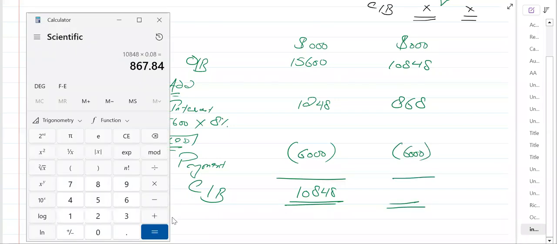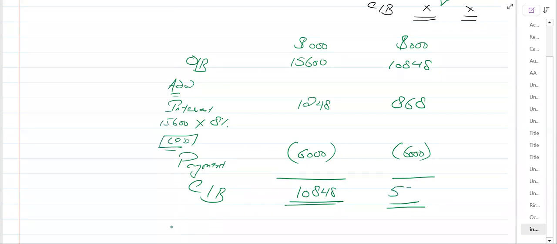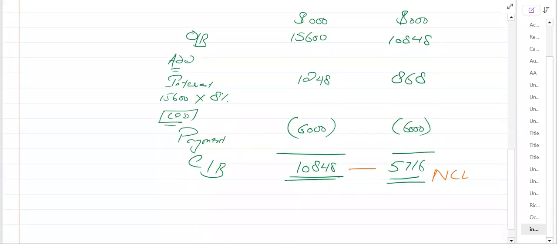So 10,848 plus 868 minus 6,000. So it's 5,716. This 5,716 represents your non-current liability, and the difference between these two is the current liability.